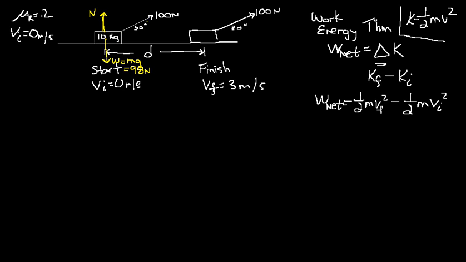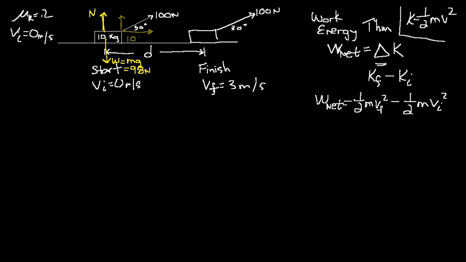However, in this case, this 100 Newton force is lifting a little bit up because it's at a 30-degree angle. If we resolve this 100 Newton force into its components, it's going to have a vertical component and a horizontal component. Now what's our horizontal component here?